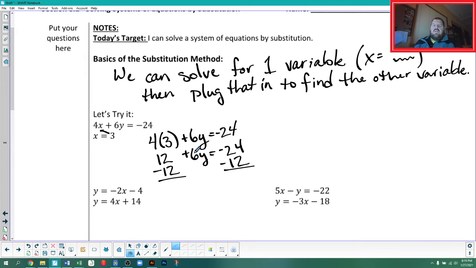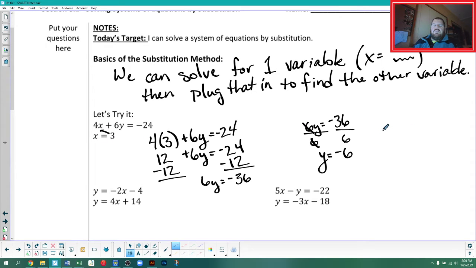And we get 6y is equal to negative 36. And if we have 6y equals negative 36, I can then divide by 6 to cancel out my 6's and get that y is equal to negative 6. So we get part of the answer from the problem.